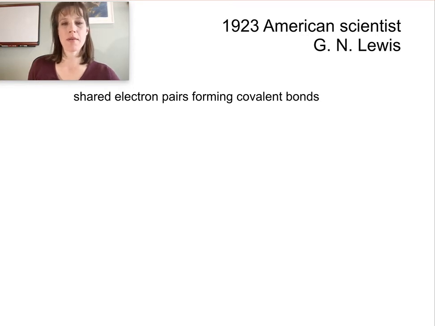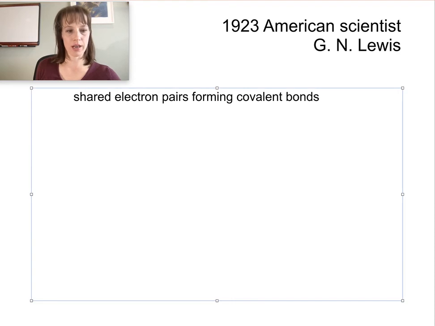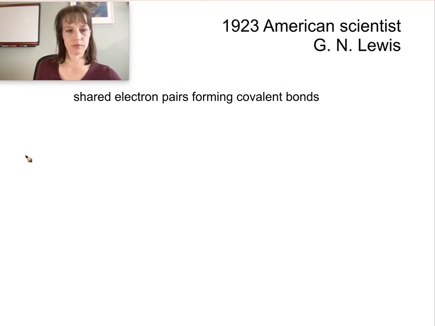If you remember Lewis and the Lewis dot diagrams showing electrons in the outer orbitals of a compound, you'll see that he was working frequently with electrons, and so his definition, something that's frequently used for an example, is boron trifluoride. Here we have boron trifluoride.